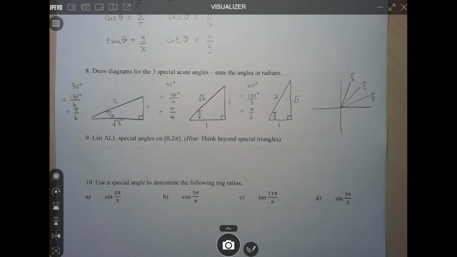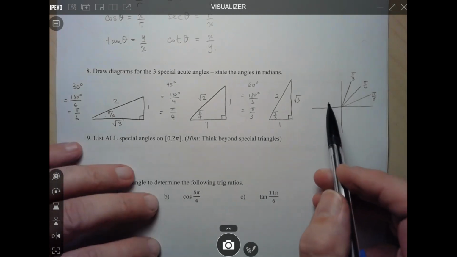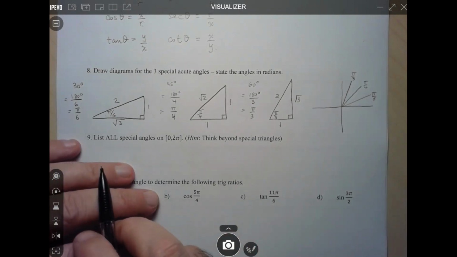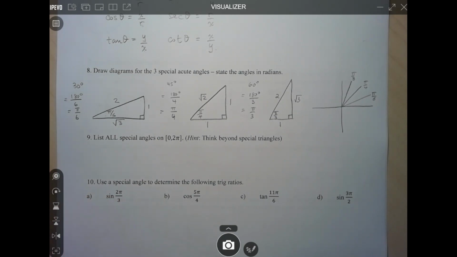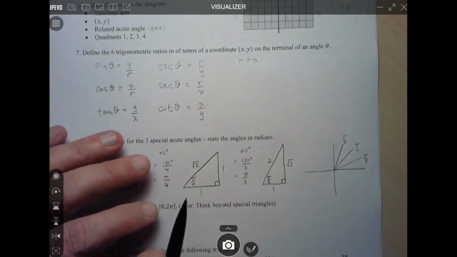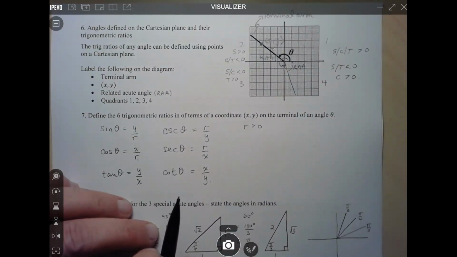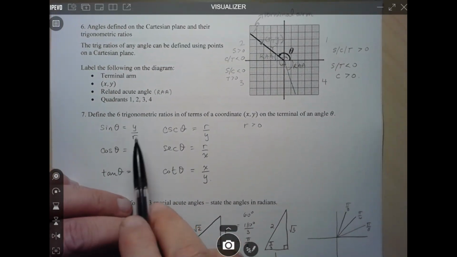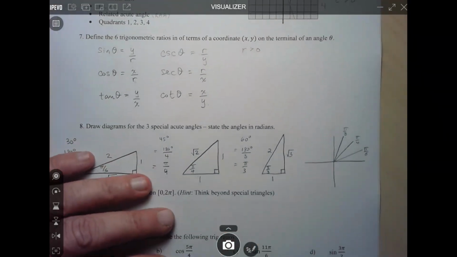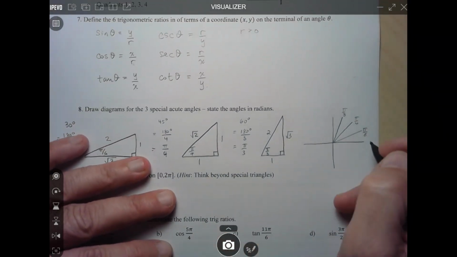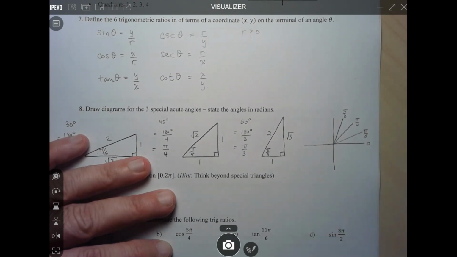Okay, so we're back. So before we move on to determining the other special angles that are related to these 3 here, let's talk about those other ones that I mentioned. So remember how we're defining sine, cosine, and tangent. We're just using points on the terminal arm. And hopefully you remembered that I can take a point on, well, a very special terminal arm.